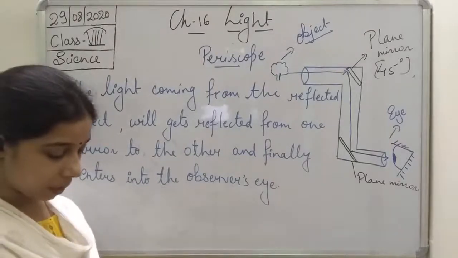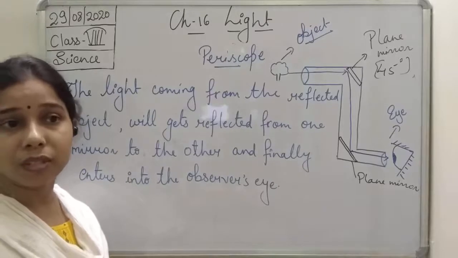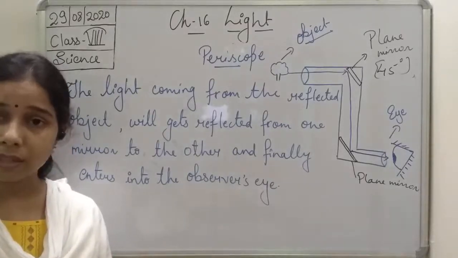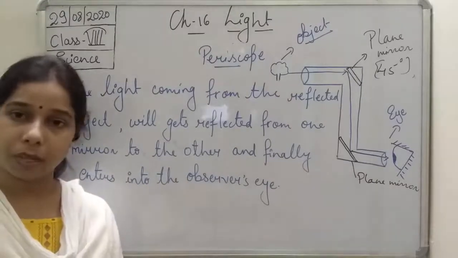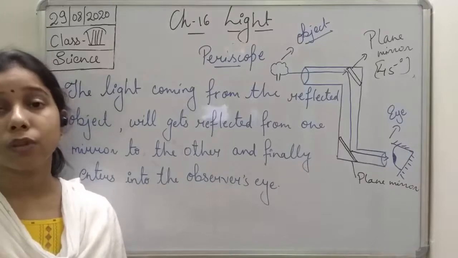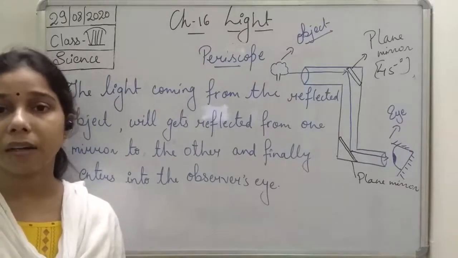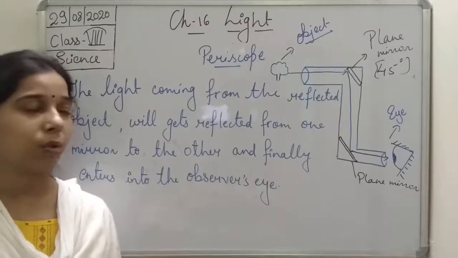Basically this periscope is used by Navy officers sitting in submarines. If they want to see what is going on at the surface of the water, they use the periscope. As well as by soldiers who are sitting in the bunker and want to see the activity of the enemies on the ground, so they use the periscope.